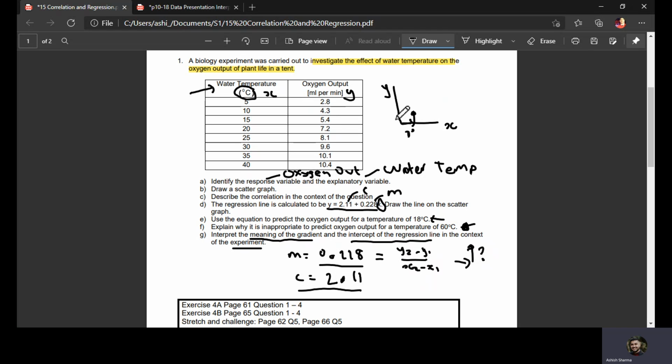Now, the y-intercept is the value of y when x is equal to 0. In context, what does that mean then? That basically means when we've got a water temperature of 0 degrees, what is the oxygen output? And that means that at 0 degrees, the oxygen output is 2.11.